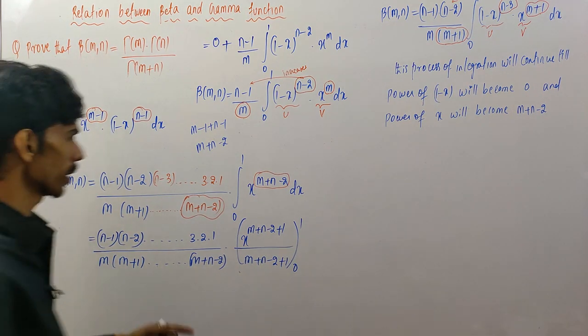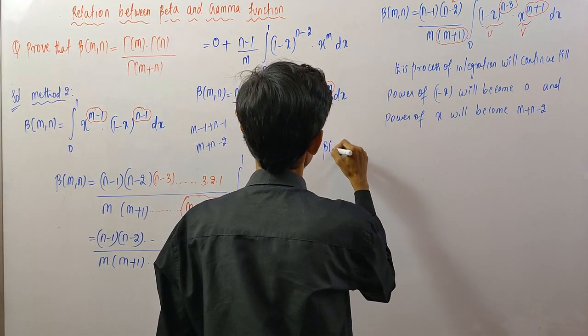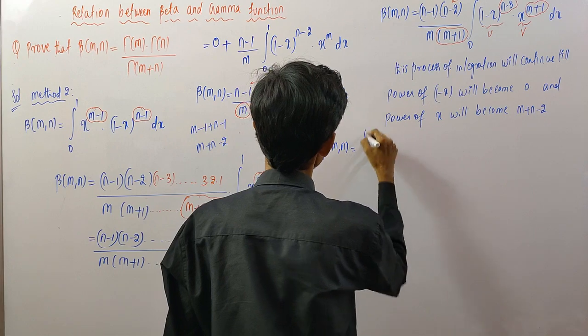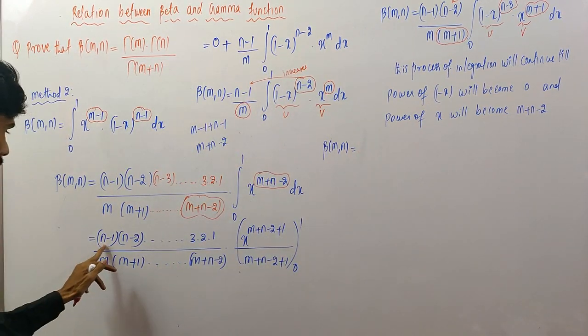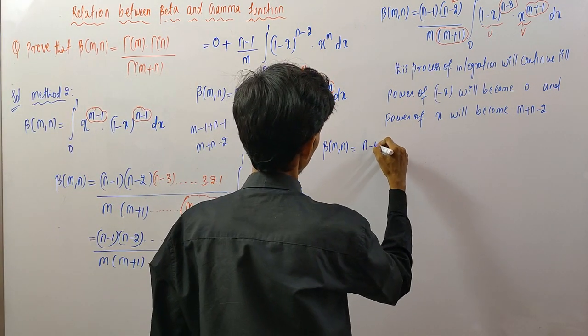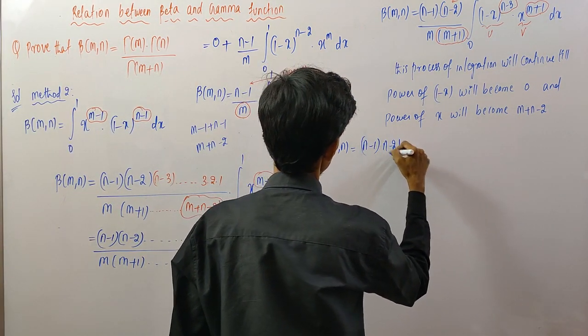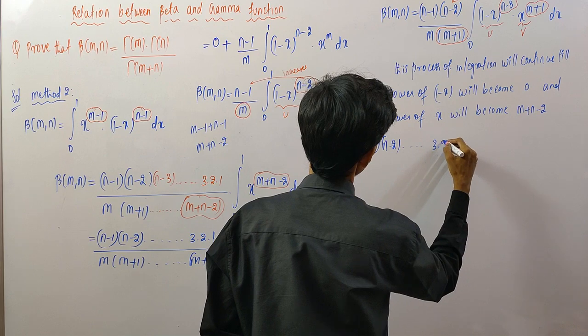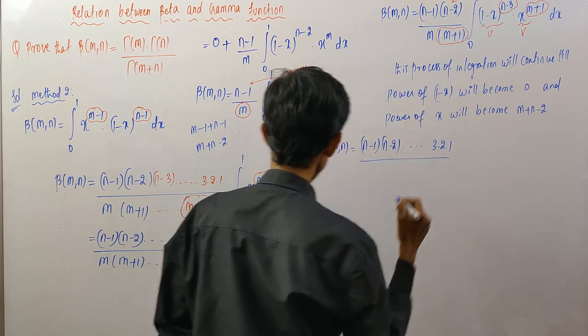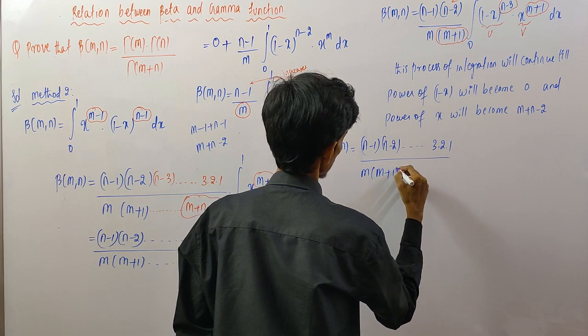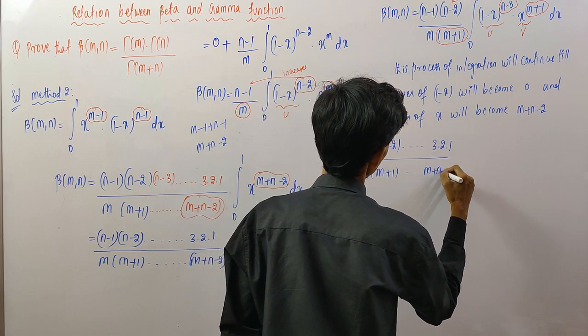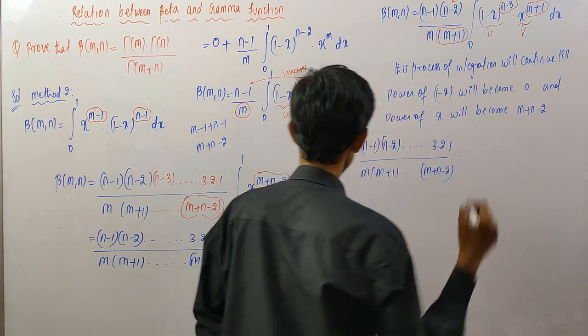Now let me write down here beta of m comma n is equal to n minus 1, n minus 2, and so on 3, 2, 1 divided by m into m plus 1 into m plus n minus 2.